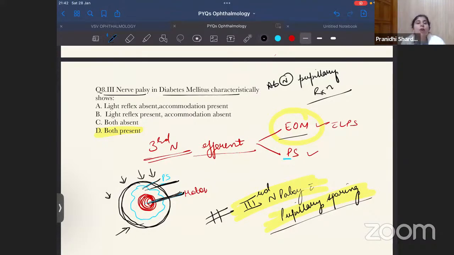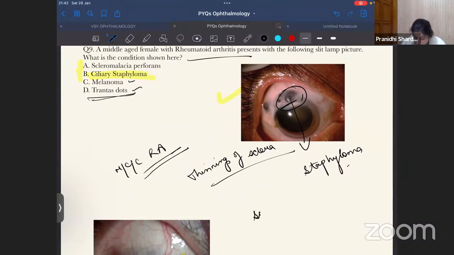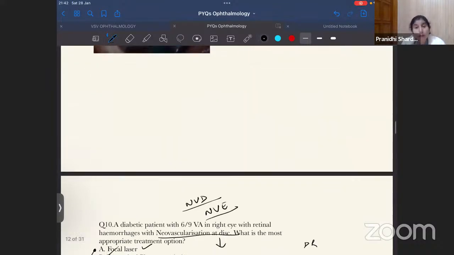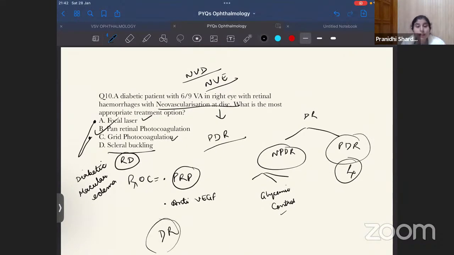You have to study the whole of diabetic retinopathy.